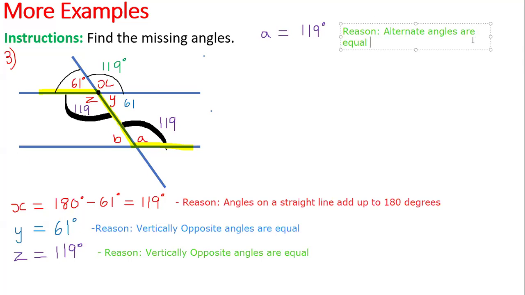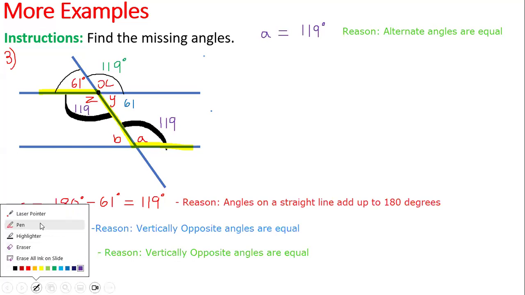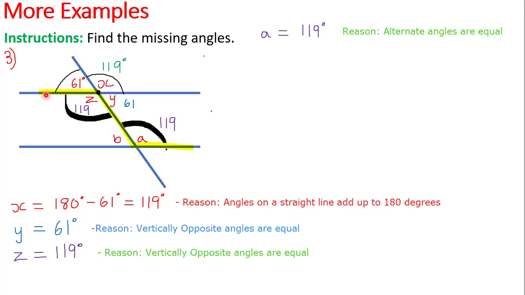Equal. So A is equal to 119, because if this is 119, this side must be 119, as you can see, the Z shape.